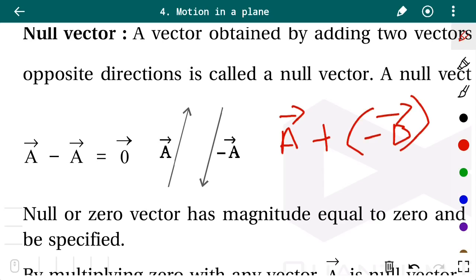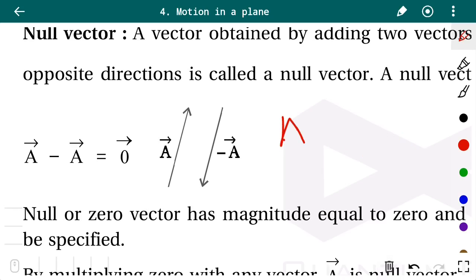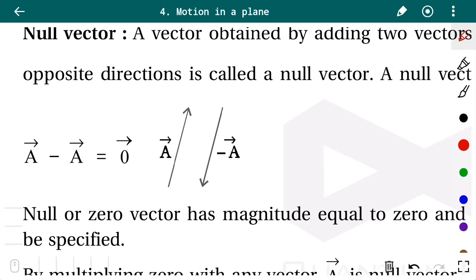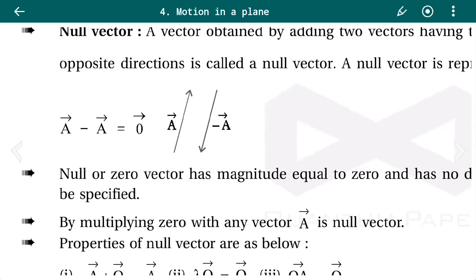So we can write it like this. But here we have the addition of two vectors which are in opposite direction. So A vector plus minus A vector becomes A vector minus A vector, and A minus A vector will become 0. So here the value will be 0 vector.